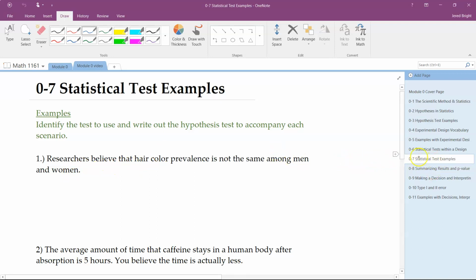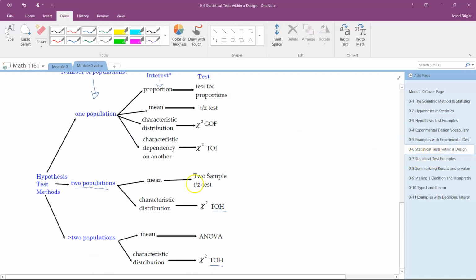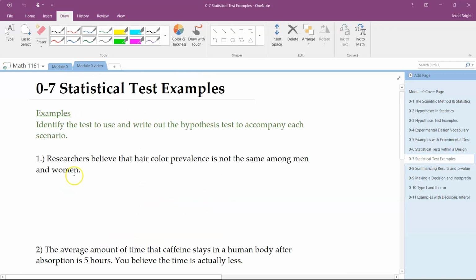And then I'm thinking about, okay, what is the quantity of interest? Am I looking at a mean, like the average among men and women? Can I classify hair color as an average? No. So I'm looking at a characteristic distribution. So this is a chi-squared test of homogeneity. Okay, so I'm going to say this is a chi-squared test of homogeneity.